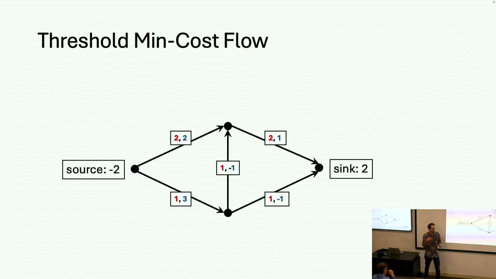So with that being said, let's learn what threshold min-cost flow is. It's maybe not too hard to glean from the name that it should be a flow problem. You're given a graph with edge directions, so a directed graph, and a demand vector. Here we want to send 2 flow from this source to this sink, which also has demand 2. Every edge has a capacity and a cost.